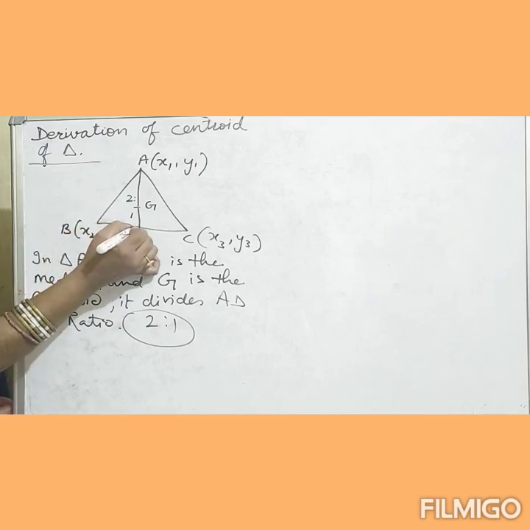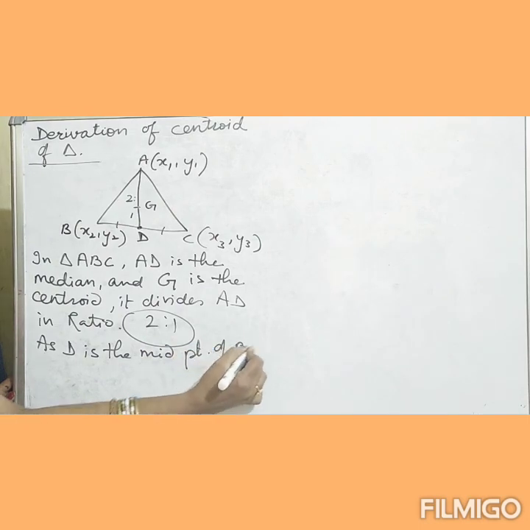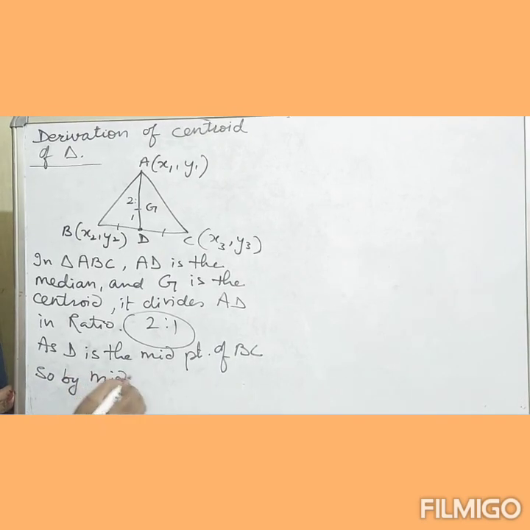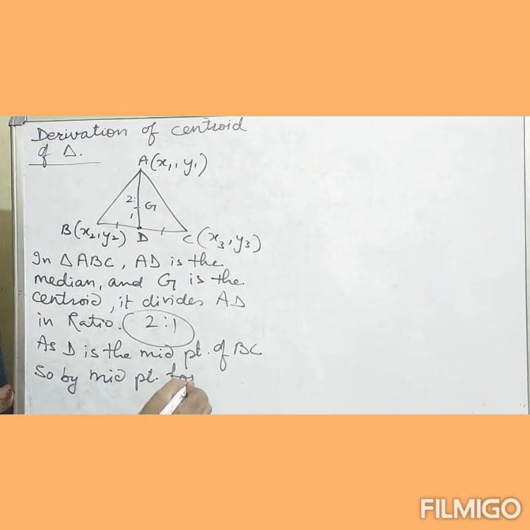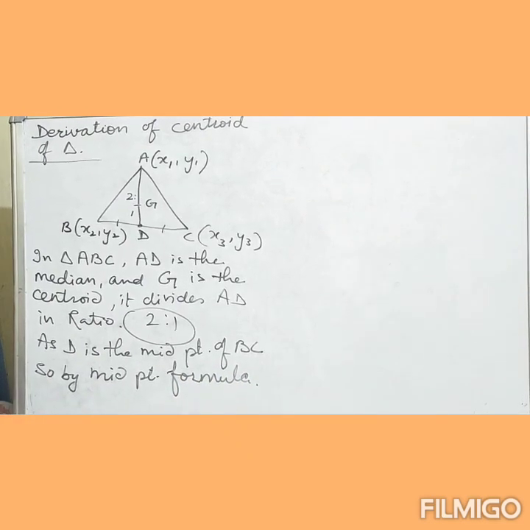Now we have to find the coordinates of the centroid. First we find the coordinates of point D, because D is the midpoint of BC. By the midpoint formula I can get the coordinates of D. What is the midpoint formula?